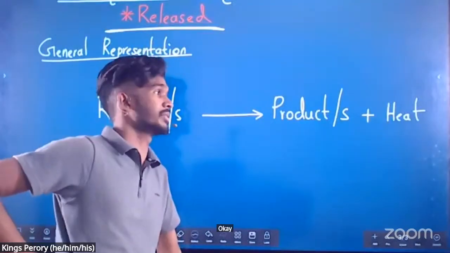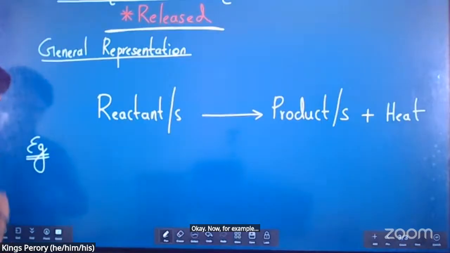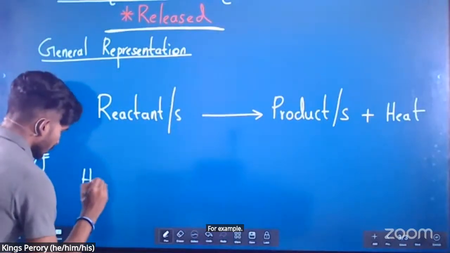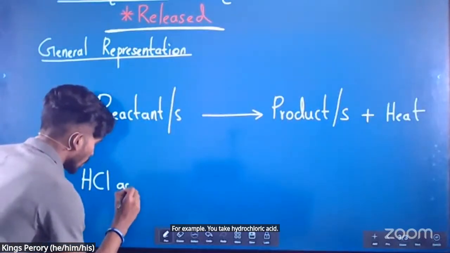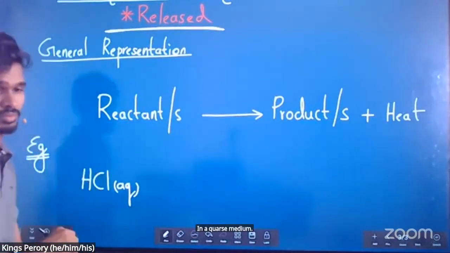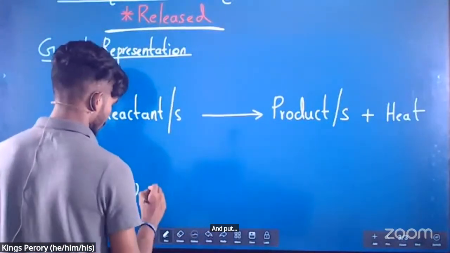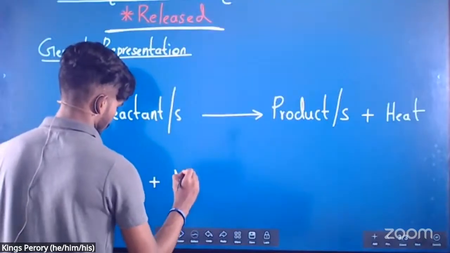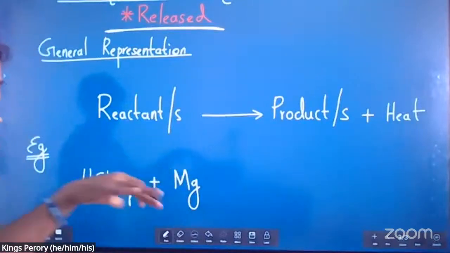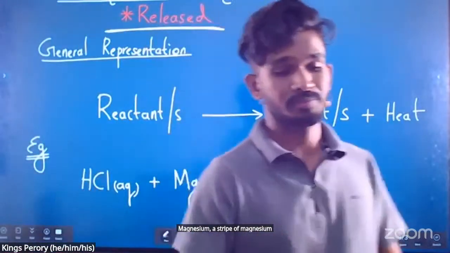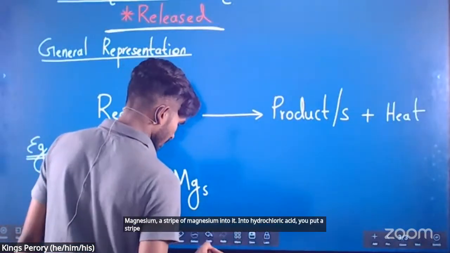Okay. Now, for example, you take hydrochloric acid in aqueous medium and put a stripe of magnesium into it. Into hydrochloric acid, you put a stripe of magnesium, solid state.